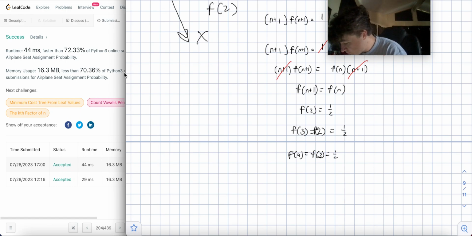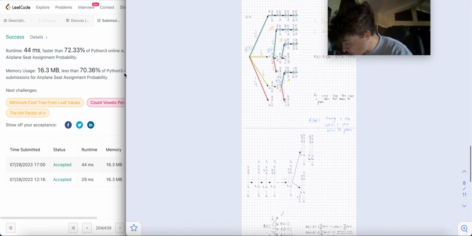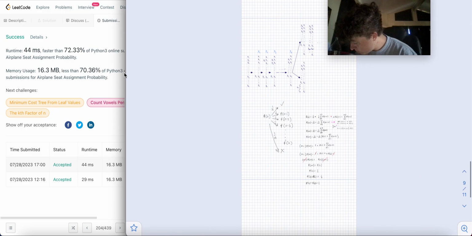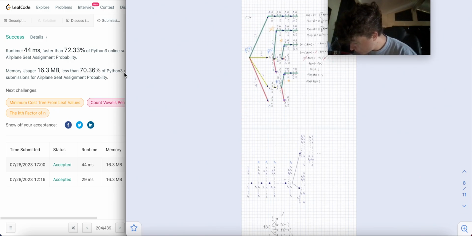So what I'm going to do, because I really like to create cool picture representations of my problems, is move this all into one page.